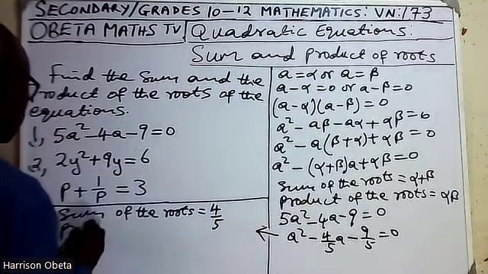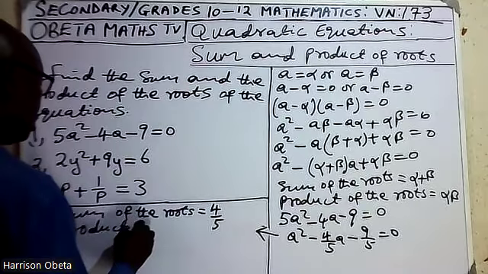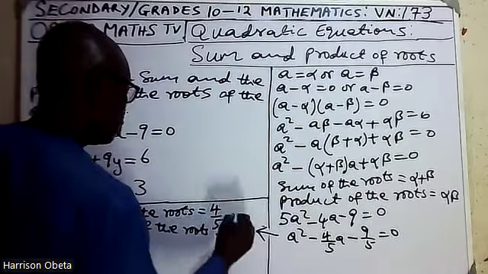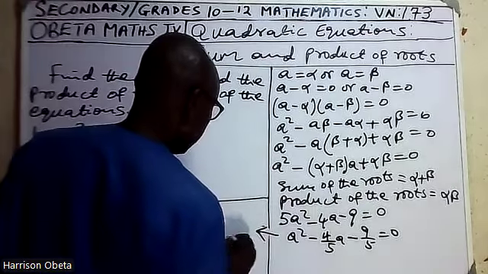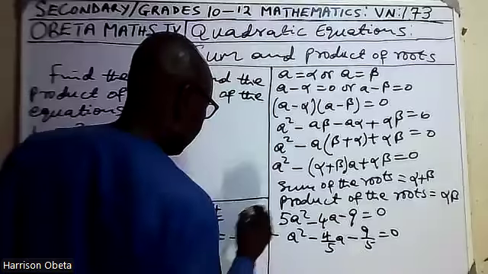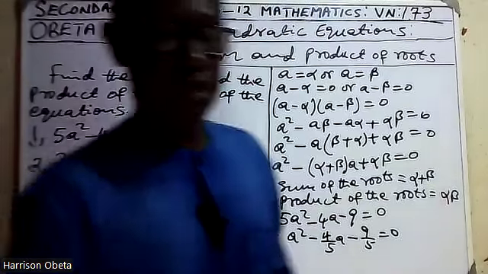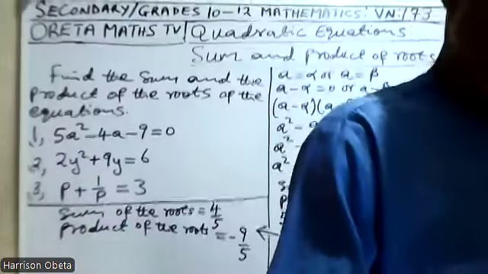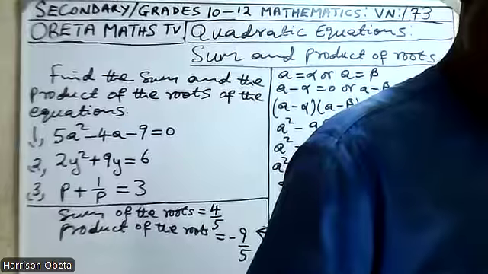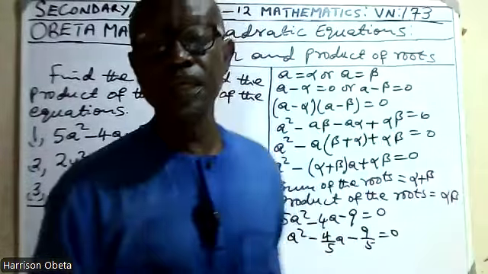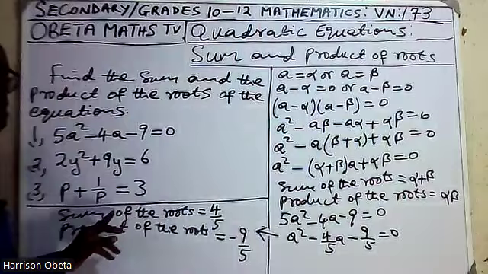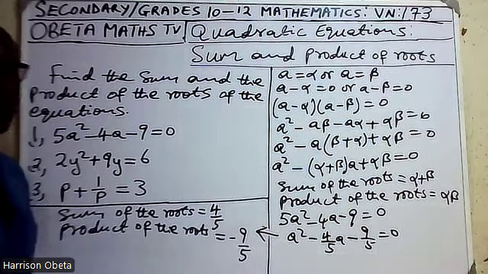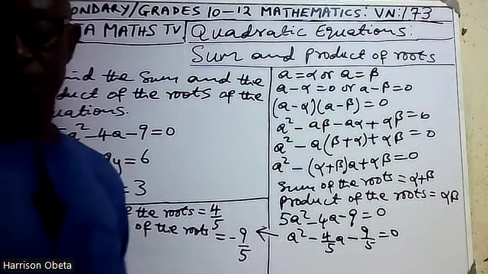Then the product of the roots should be equal to minus 9/5. So we have succeeded in getting the sum of the roots, 4/5, and the product of the roots, minus 9/5. And these are the answers.